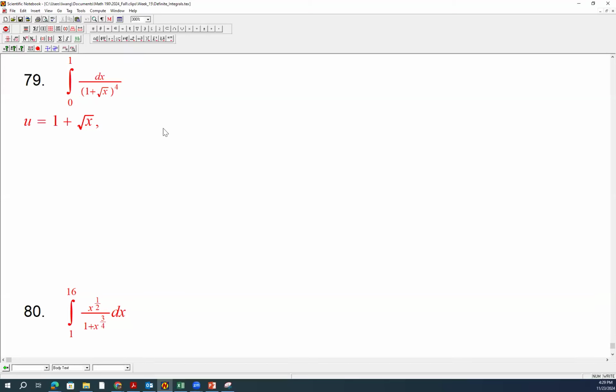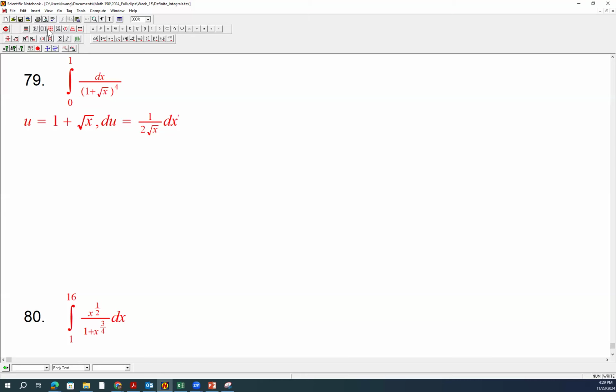And then what? Let's just try it and see if it works. So du equals 1 over 2 times root x dx. Let's see if this will work.